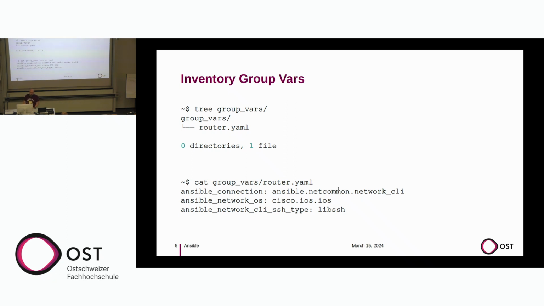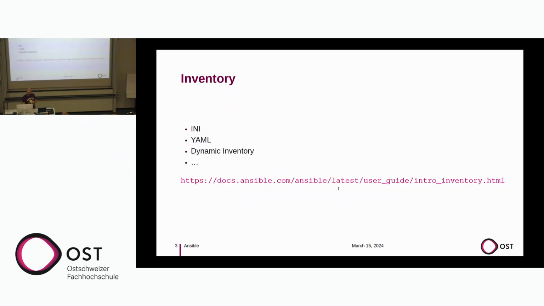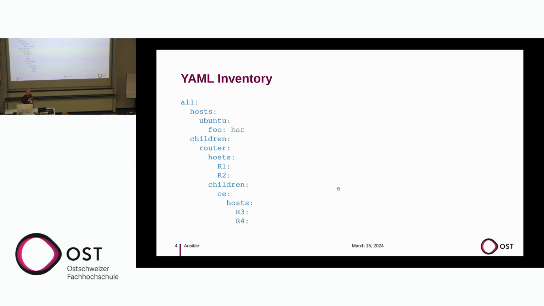As I said, we have, for example, group vars, and then magically all the devices in the group router get them. For example, in this case R1, R2, 3 and 4 will all get the variables from the group router.